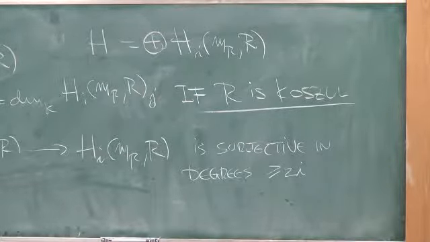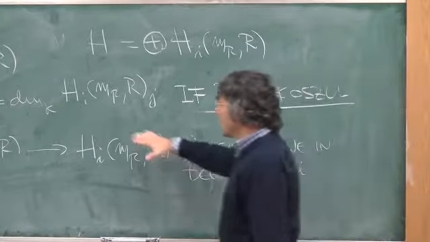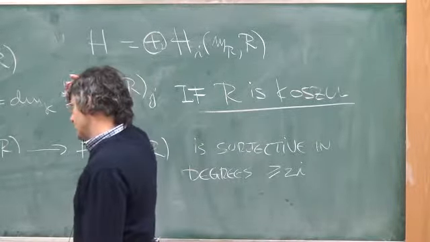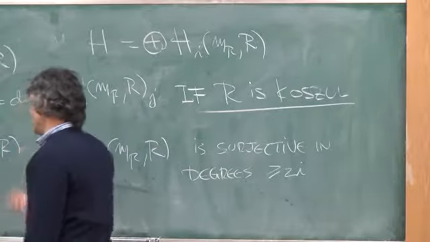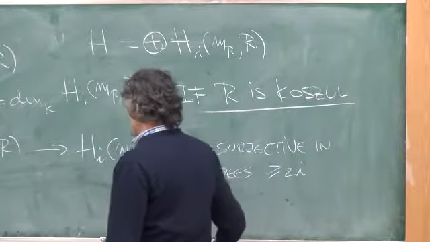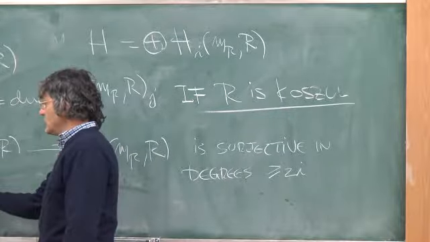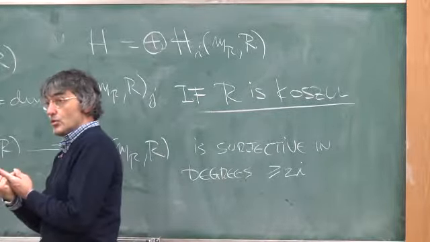Which means that, okay, let's see what we have. So this is a vector space which is graded and it is generated in degree 2.